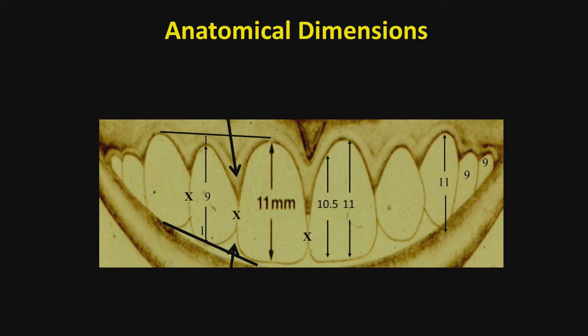Now, we know that Tarnow has told us that from the crest of the bone to the tip of the papilla in the normal situation is 5 millimeters. Therefore, you show no dark triangle between the lateral and the central and between the lateral and the canine.